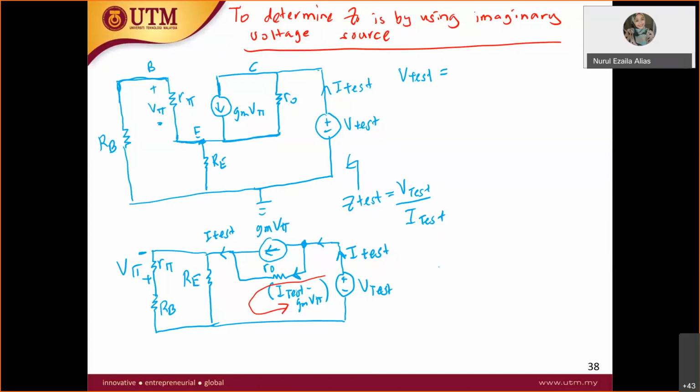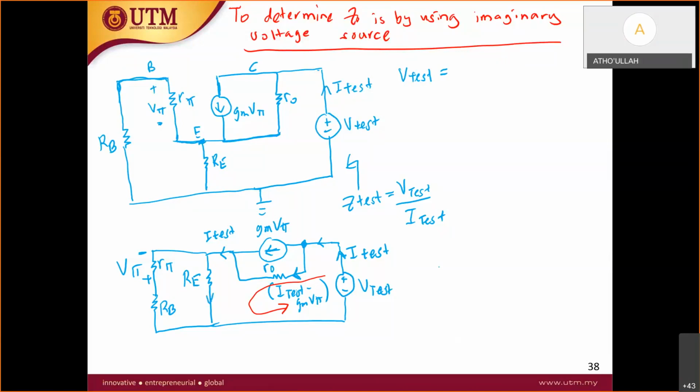Since you know that RB is very, very large, usually mega ohms, and RE is more like 1k, most of the time when we design the circuit RB is very large and IB is very, very small, approximately 2 microamperes, if you still remember, students.